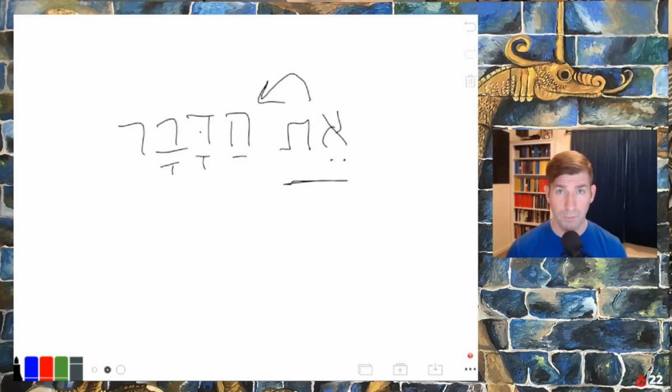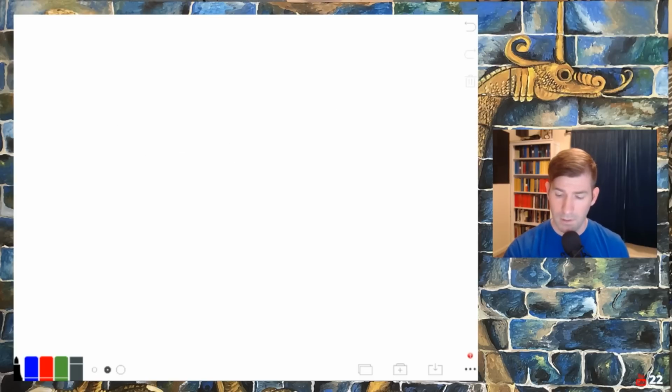So, for example, I think this might be a good example, Genesis 1:1, Bereshit bara Elohim et, and I don't remember exactly how it's written there, hashamayim.